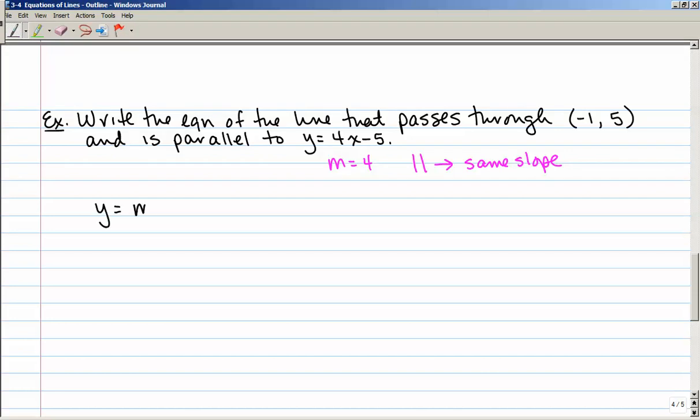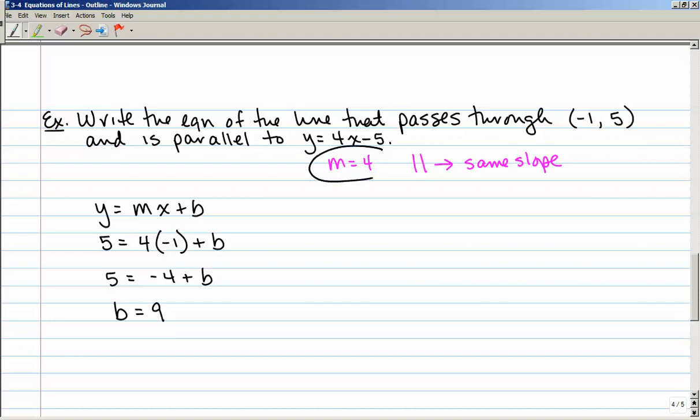Plugging into y equals mx plus b, a point on the line is -1, 5, so I'll plug in 5 for y, 4 for m, negative 1 for x, and I need to figure out what b is. So 5 is equal to negative 4 plus b. Solving for b, b is equal to 9.